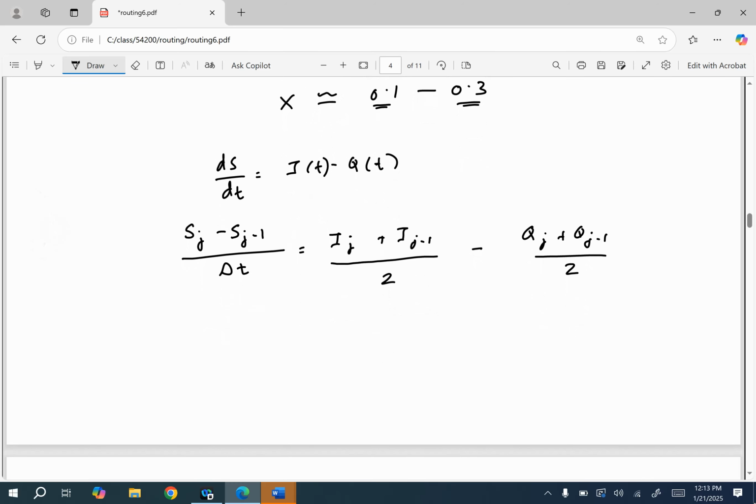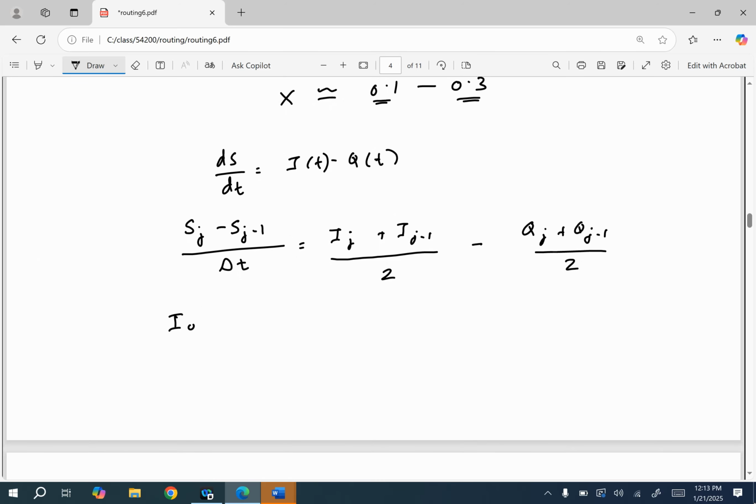Now again, similar to the linear reservoir problem, our I's are known.